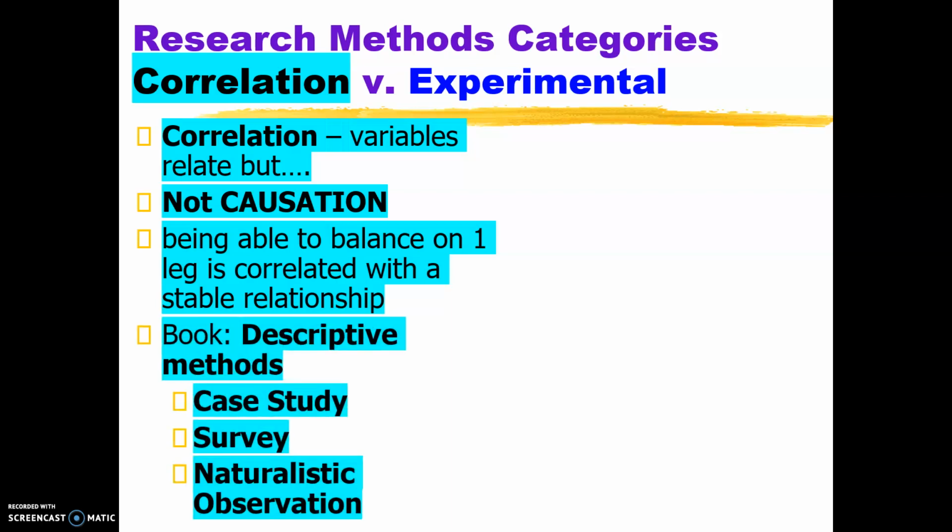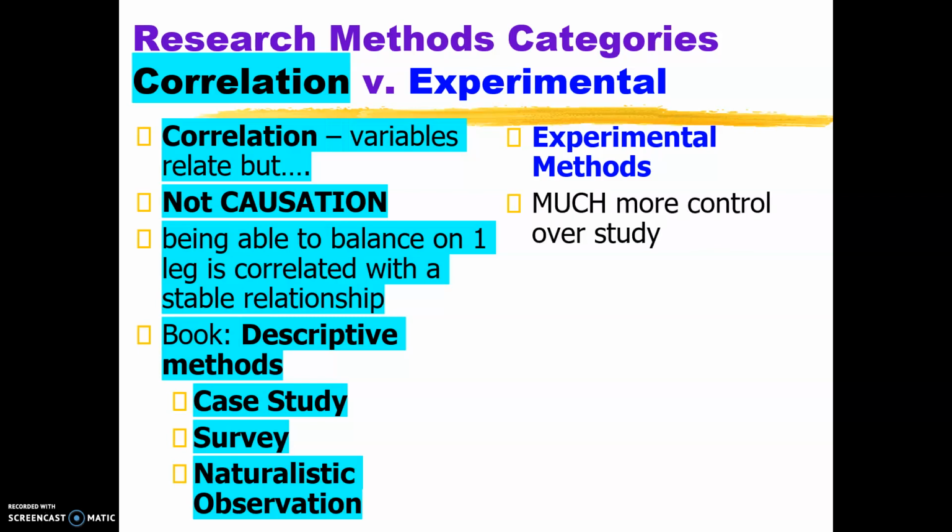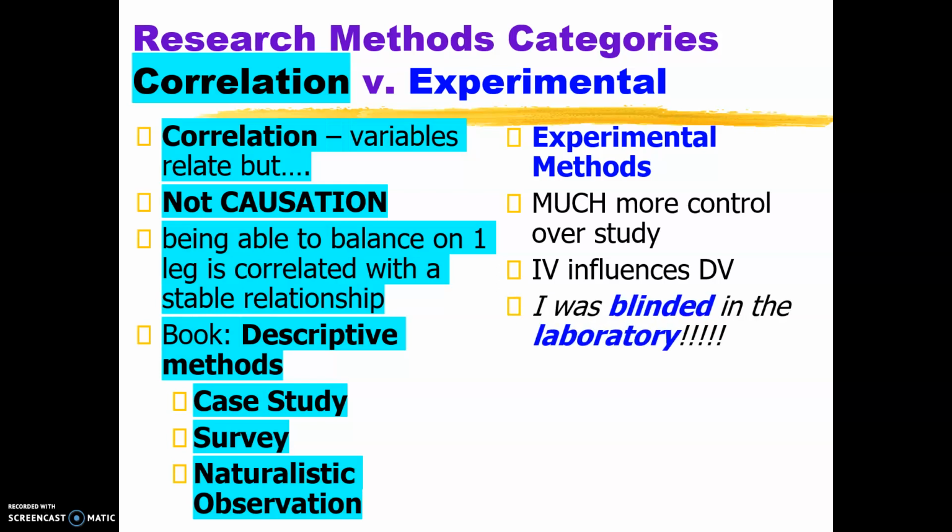All we can say is that there's a relationship. The book talks about these as descriptive, and specific examples are case studies, surveys, and naturalistic observation, just not enough control. Experimental methods, there's only 2 of them, but these do have enough control so that we can say the independent variable is influencing the dependent variable, or if you want to say, the dependent variable depends on the independent variable.